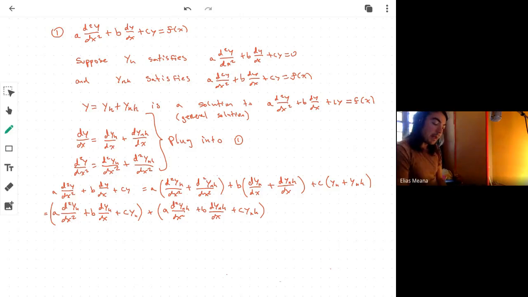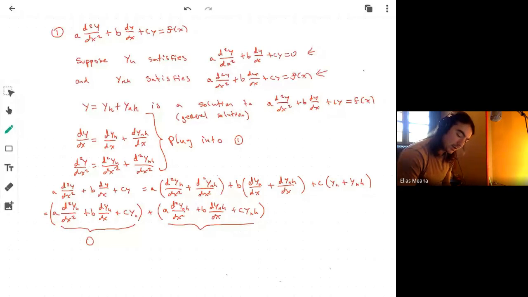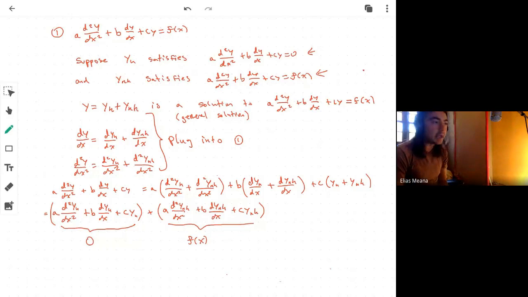Okay. But by definition, the way that we've defined yh and ynh, we know that this satisfies the equation equal to 0. So that means that whole thing has to equal 0, right? And also, we know that this whole thing here has to equal f of x, right? So this whole thing equals f of x. And so when we plug y into our differential equation, we just get 0 plus f of x, which is, of course, equal to f of x.